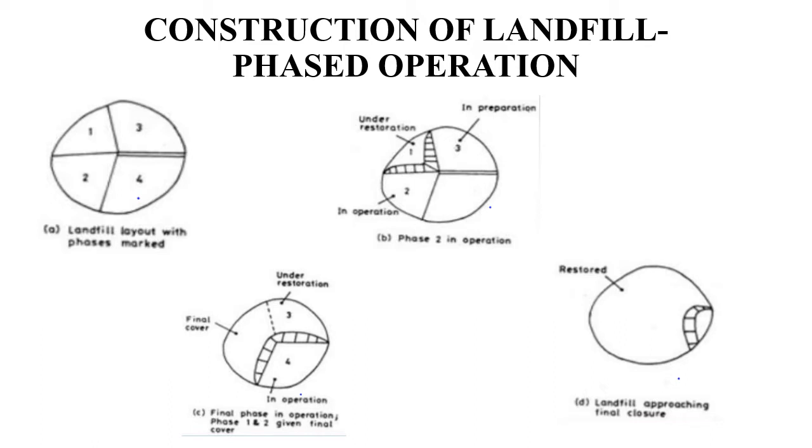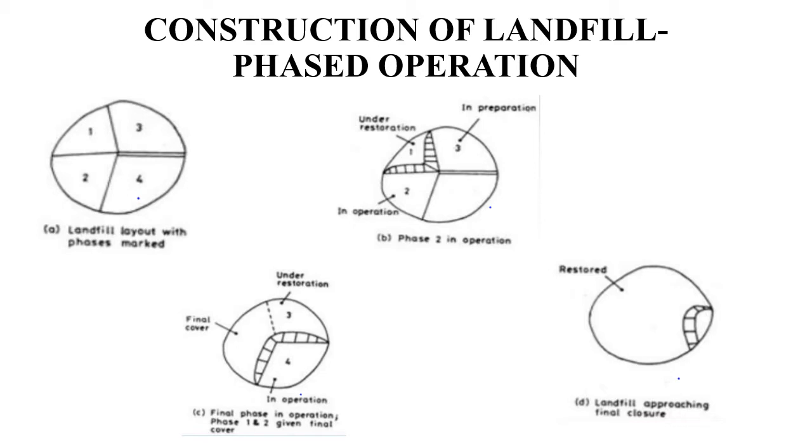So basically the phase plan should be ready as soon as you fix the landfill construction area. Once the phase plan is ready, it means that you have already divided the landfill area into different sub areas or phases, and you have to decide on the sequence of construction through the various sub areas or phases.